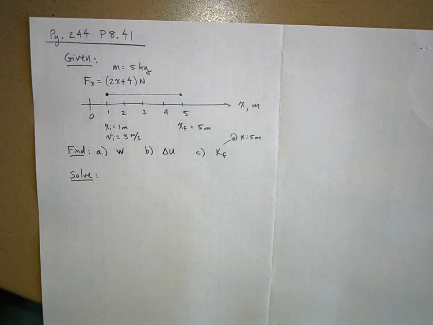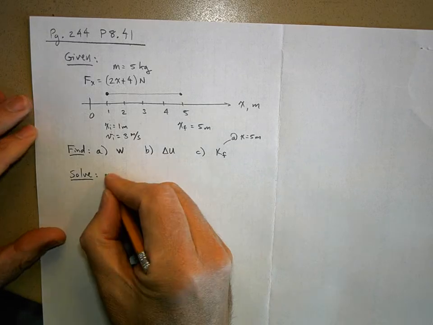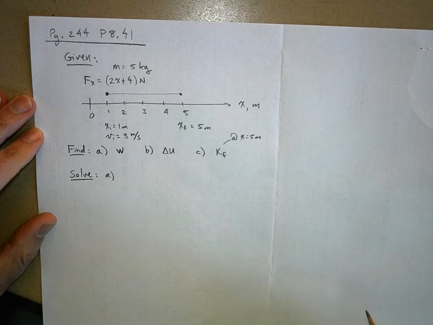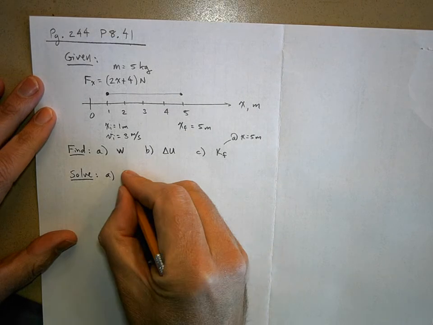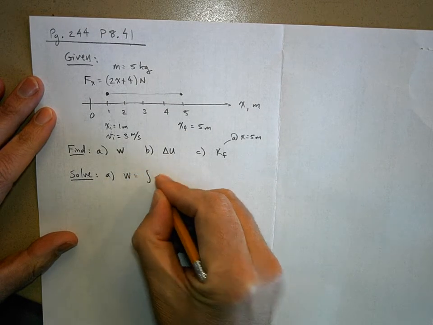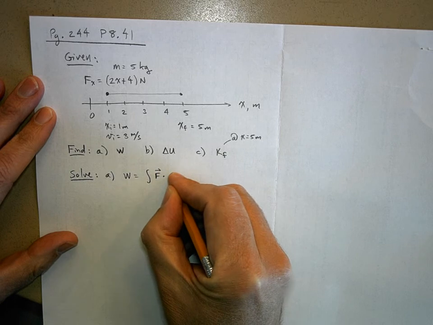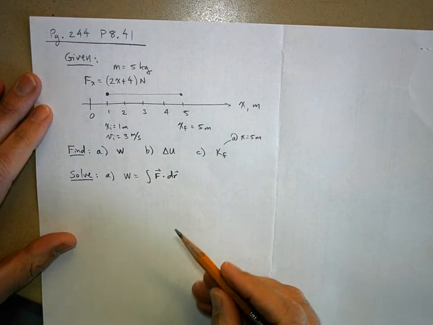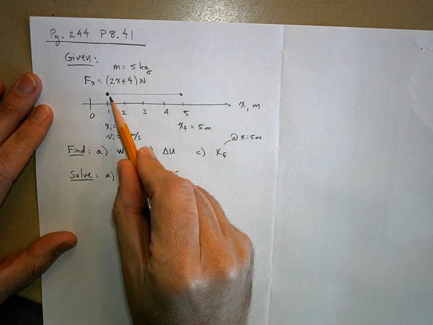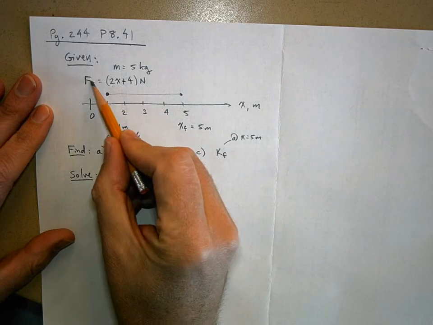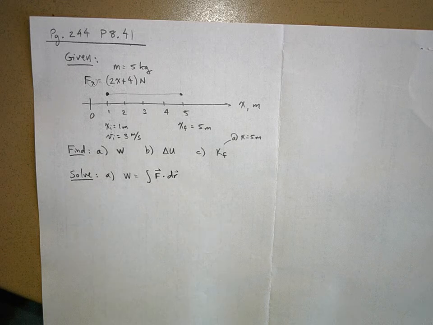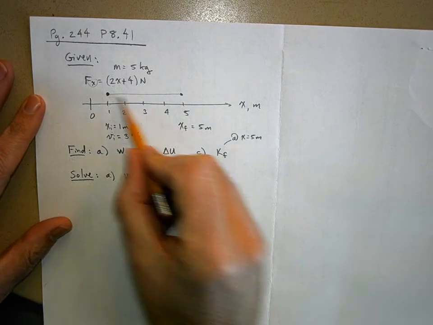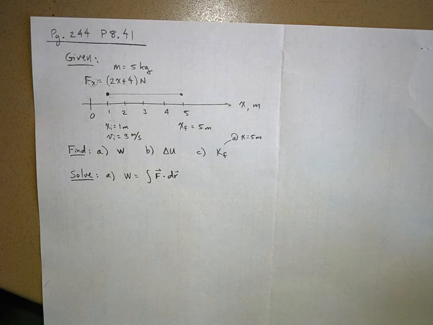Well, this is part A. We just want to know how much work is done going from here to here if this is our force. I'll go ahead and start with the most basic definition, F dot dr, right? But here, our force is, well, this little subscript means our force is all in the x direction. It's a function of x, and my displacement is along the x-axis.